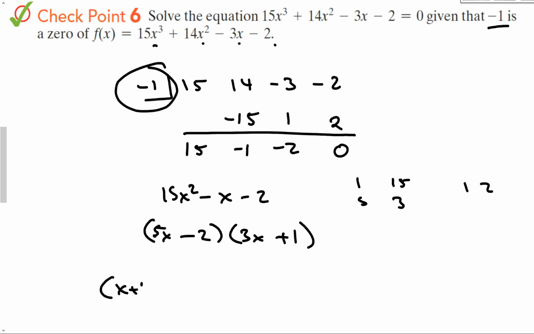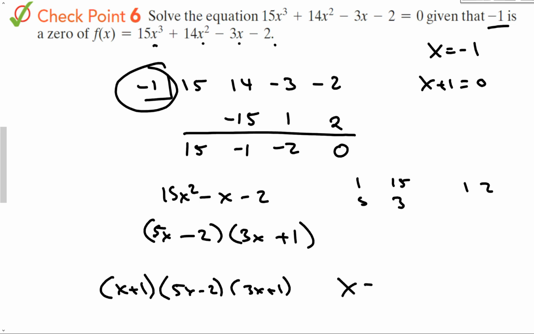Don't forget about that one. It's x plus 1, always the opposite, right? Because given that -1 is a 0, that means x is equal to -1, which means if I set it equal to 0 to get the factor, we have x plus 1 as my factor. 5x minus 2 and 3x plus 1, which makes x equal to, let's try to put these in order, -1, -1/3, and +2/5.